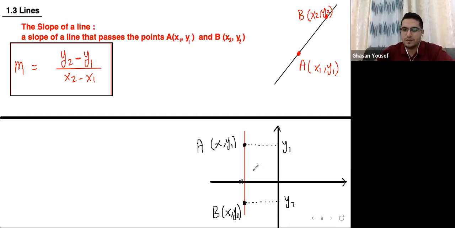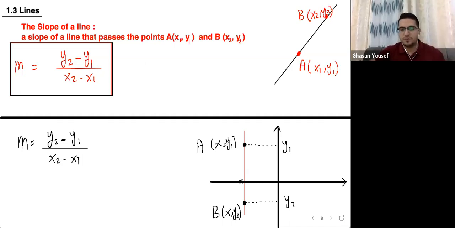What's the slope? Abu Bakr said 0. Let me check. m equals y2 minus y1 over x2 minus x1. For these points, the difference of the y's is y2 minus y1. And what is the difference of x?